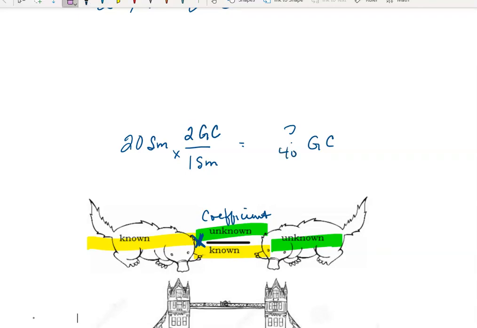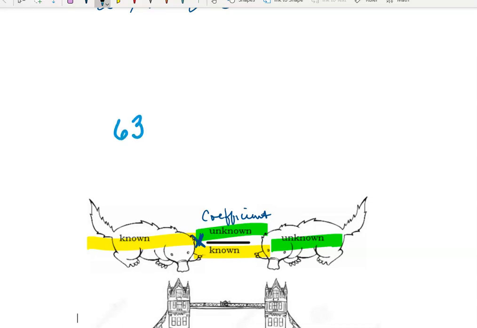Well, what if I gave you something a little trickier? What if I tell you that we have 63 chocolate pieces? And I want to know how many s'mores that's going to make. So my unknown is s'mores. 63 chocolate pieces.